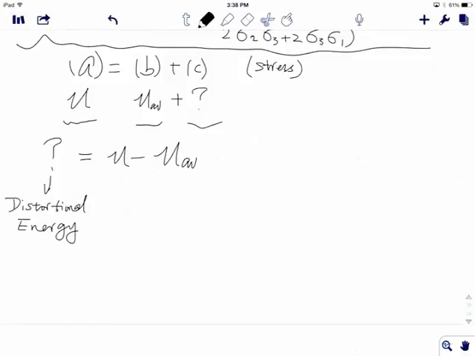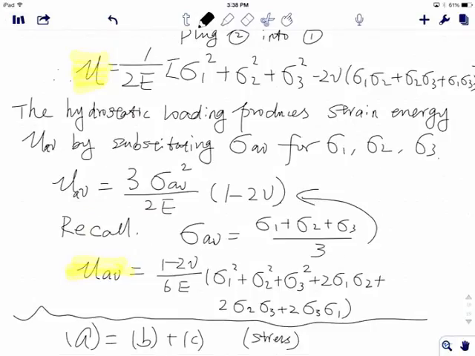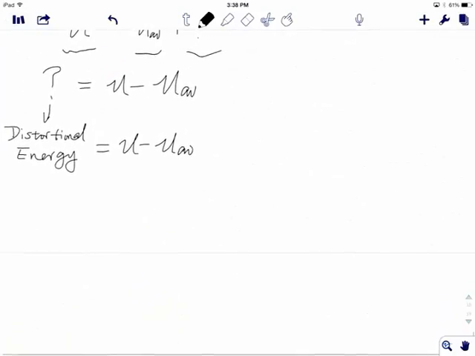So this distortional energy is equal to U minus U average. And we know what U is and what U average is, right? U is just equal to this, and U average is equal to this. If you subtract between these two, we should be able to calculate the distortional energy.